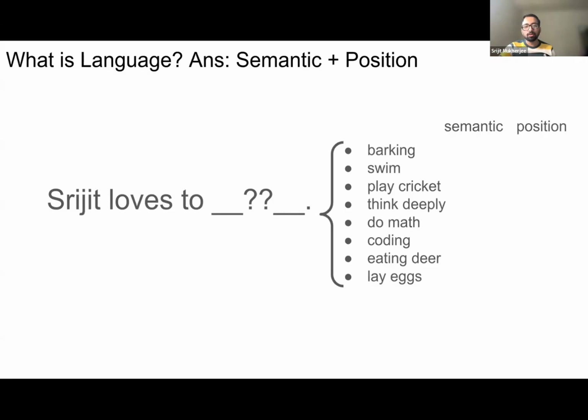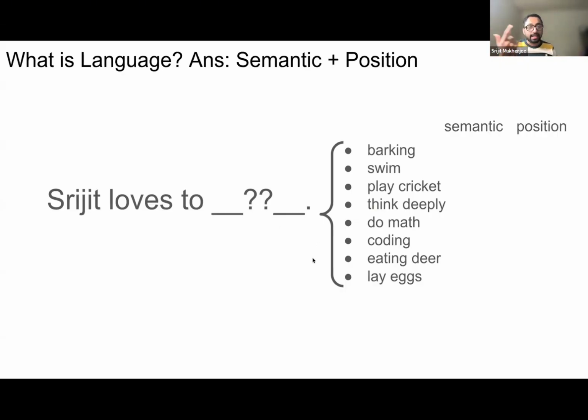It's positionally possible, and semantically it's also possible. Semantic means meaning here, the meaning of the word and its relationship with the meaning of the other words. And position means whether that word is possible there, in terms of, as you said, grammar.